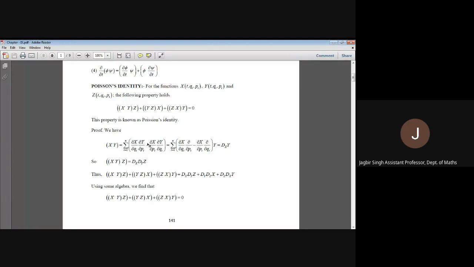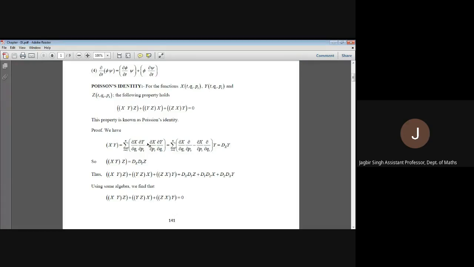When we evaluate, there will be, I think, a total of 8 terms in the first one, then again 8 terms in the second one, and 8 terms in the third one. Adding all those terms, some positives and negatives will cancel out, and at last we will receive 0.